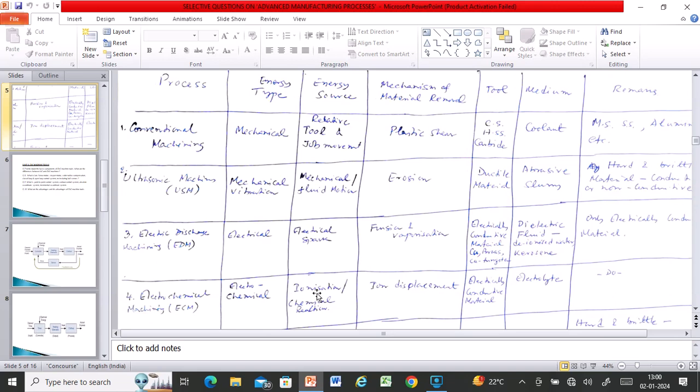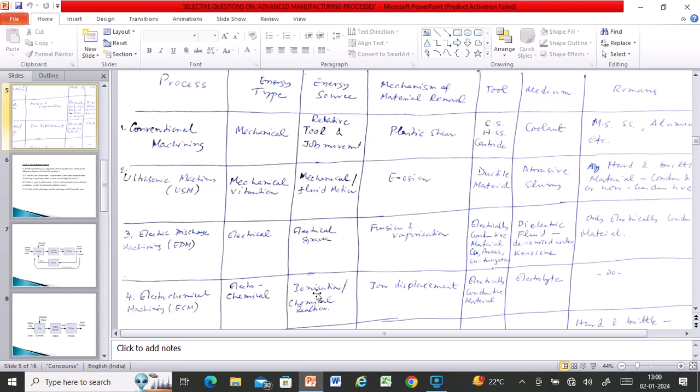Ultrasonic machining: the energy type is mechanical vibration, the energy source is mechanical and fluid motion, and the mechanism of material removal is erosion, because the abrasive particles strike the brittle materials and erode them gradually.